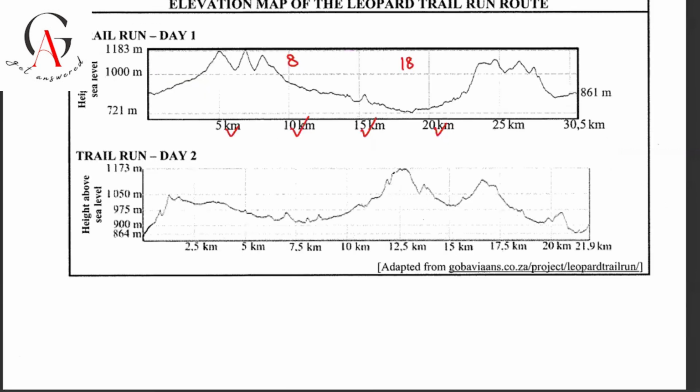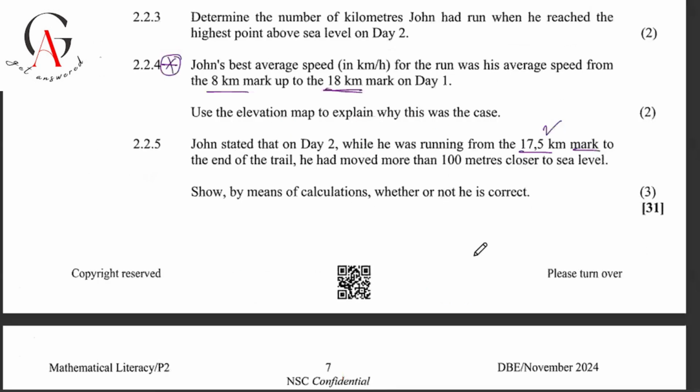That's what we have to know. This is it, and the distance is around here, which was 1,050. Minus when he came down here, at what level was it? It was 900. So which is 100 and 50. And it's valid. It's more than 100.